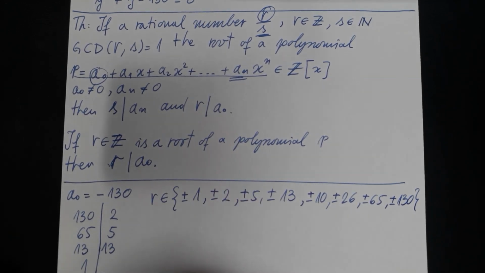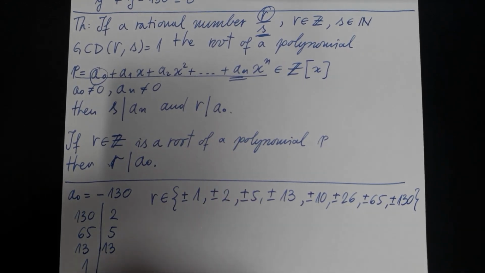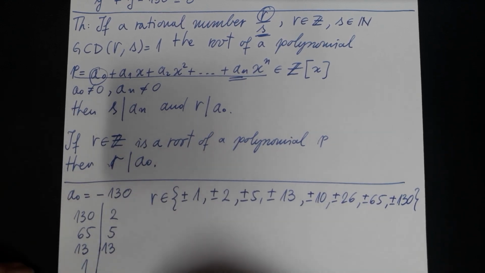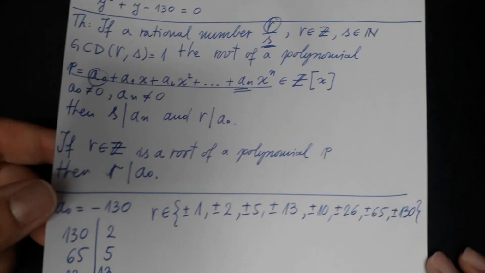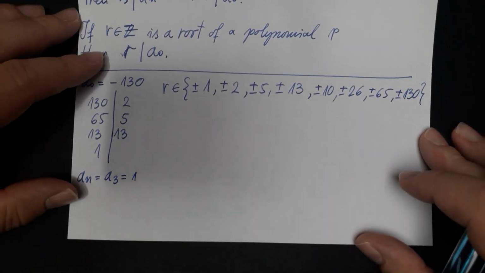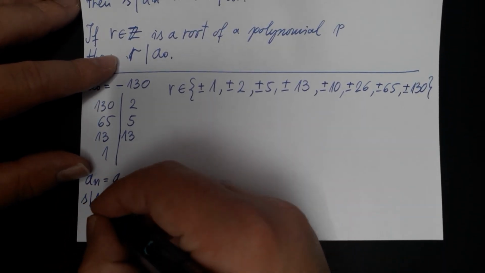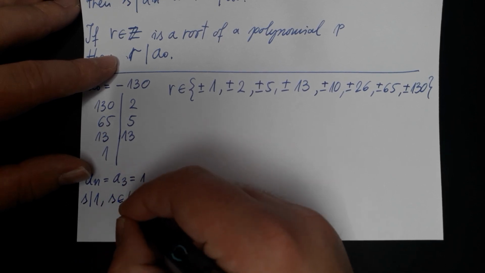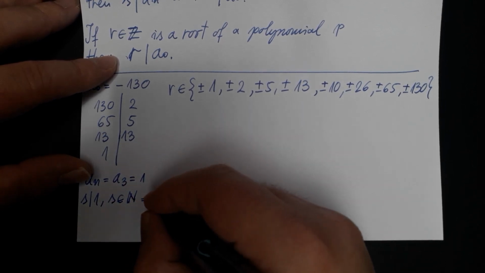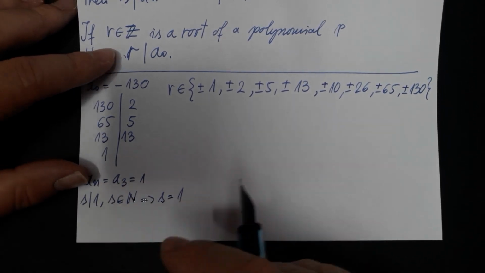Now for the number s, we had that an, which is a3 in our case, is equal to 1. We had that s has to divide 1 and s has to be a whole number. Well, that means that s is equal to 1.